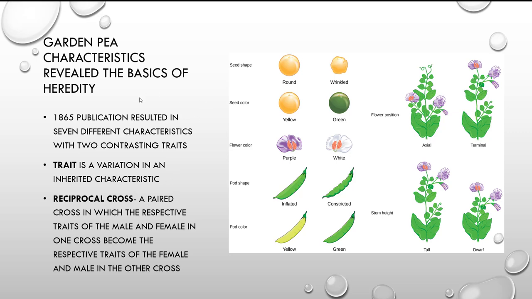So based on all of that information, one thing we notice is that some of the traits do show up more often than others. We see that the round trait is more common than the wrinkled trait.